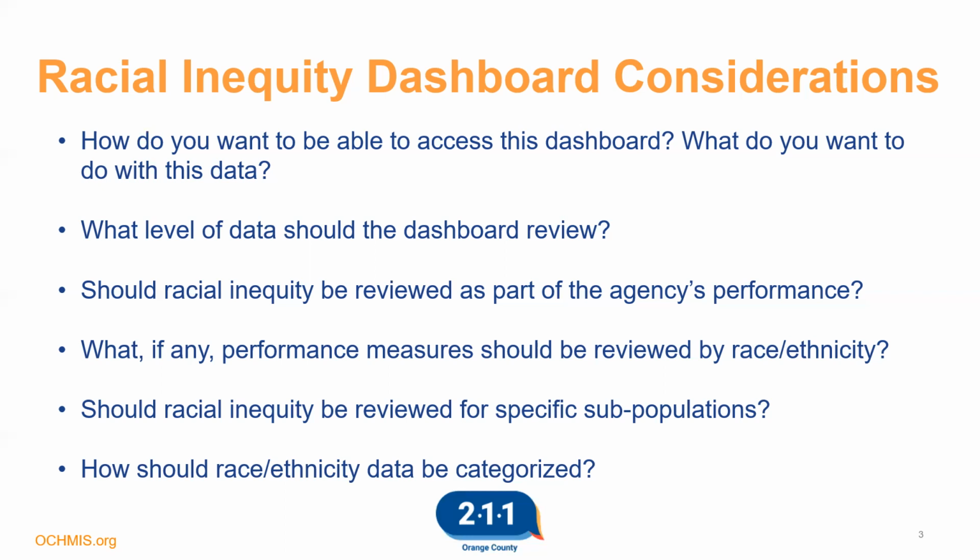Should racial inequity be reviewed for specific subpopulations? For example, household types, veterans, chronically homeless, youth, seniors. And how should race and ethnicity data be categorized? This is more like the actual charts, which I'll show you in a minute as well. So just consider those things as we go through.